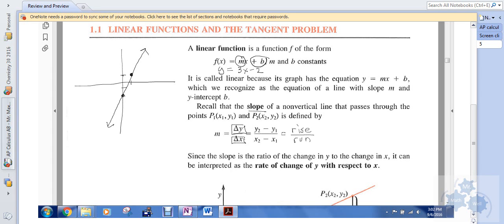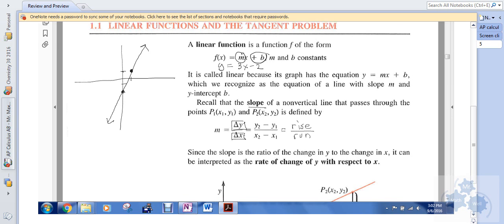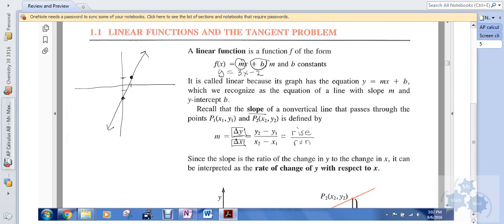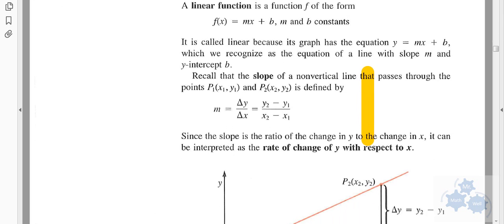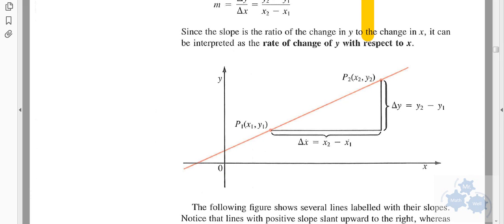We talked about slope when we first began, and we talked about how to find slope with rise over run. If we go back to our textbook here, you can see that the slope is the rise between one point to get to the next and the run to get to the other point.